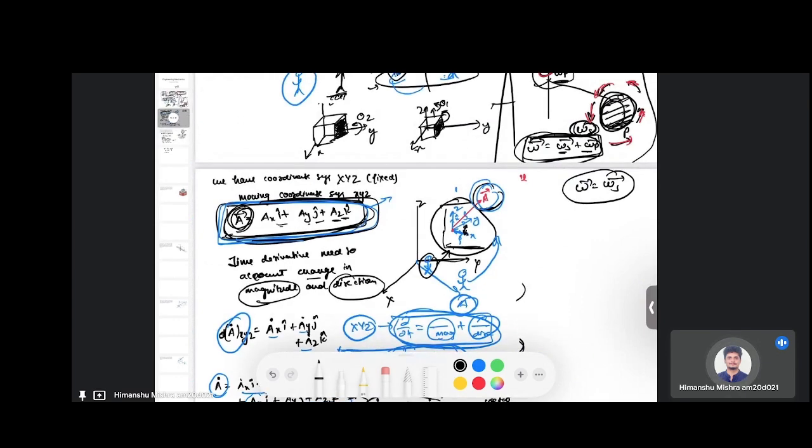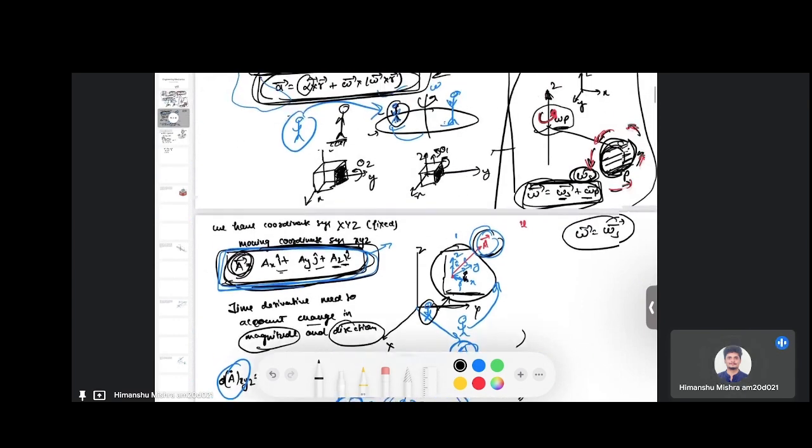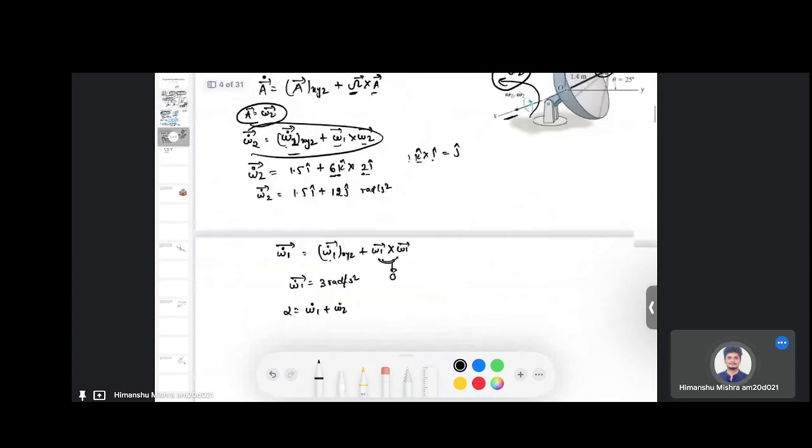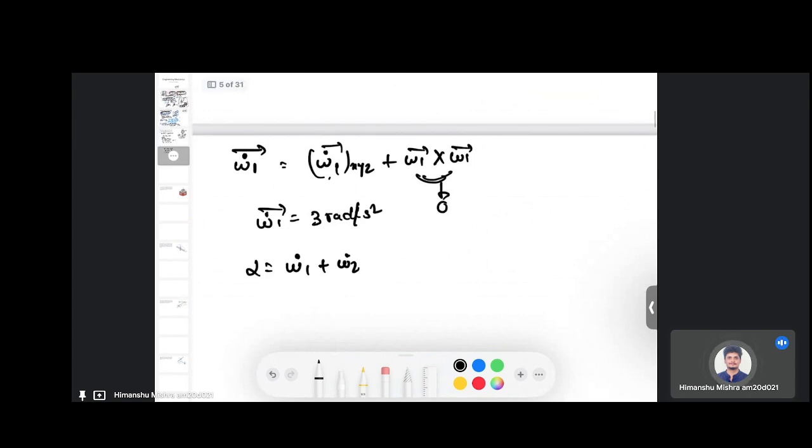It's the same as what we have discussed here. So this is the resultant spin of this disk, which is omega s plus omega p. If you take the time derivative of this, you will get omega dot s plus omega dot p. Similarly, I have omega dot 1 and omega dot 2.